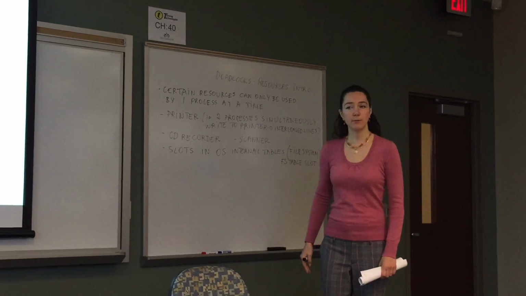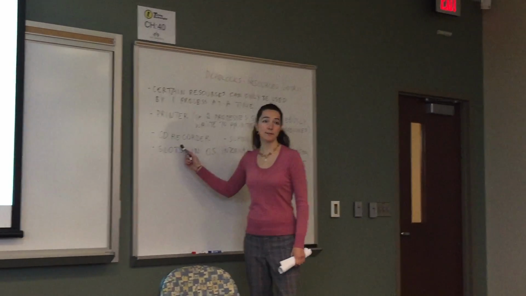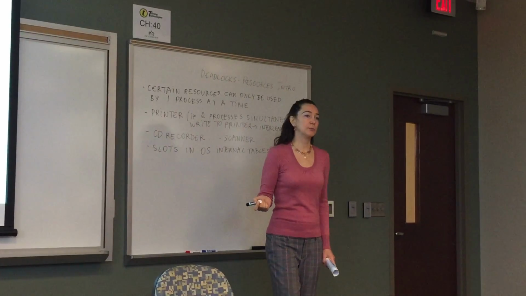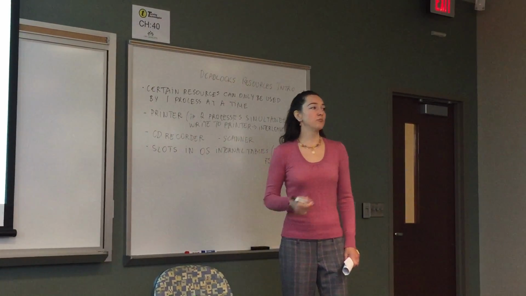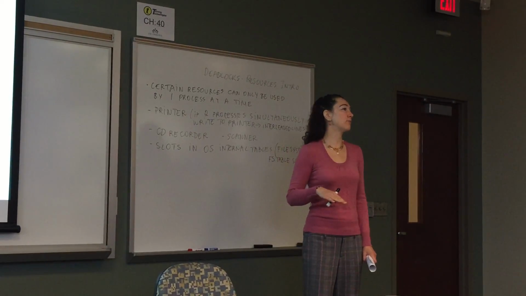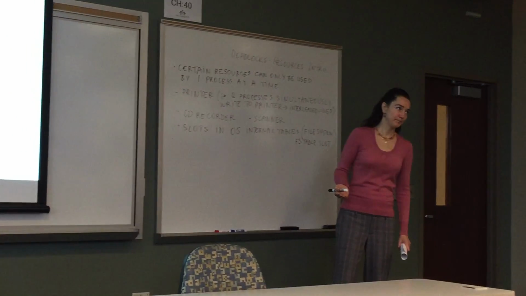Remember, when the process is waiting for an I/O operation, it doesn't run, it's blocked until the I/O operation is complete. So if the process is waiting on a resource to become available, that process doesn't run. It's blocked until it acquires the resource.